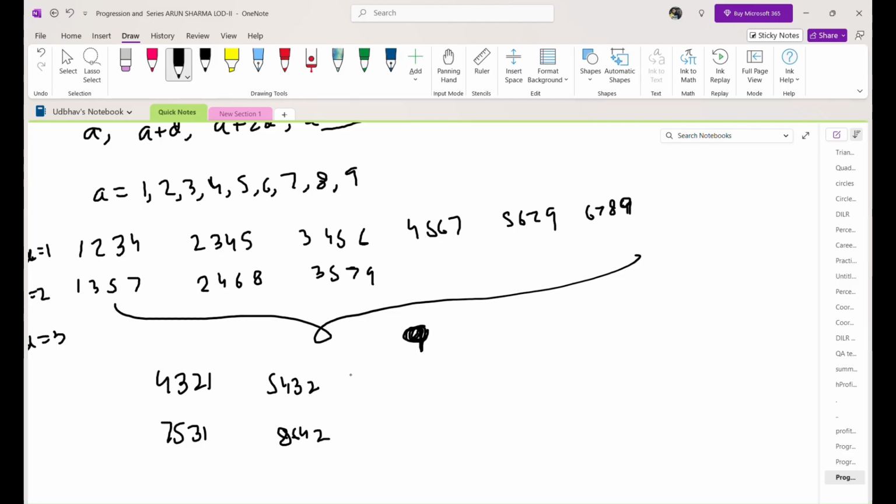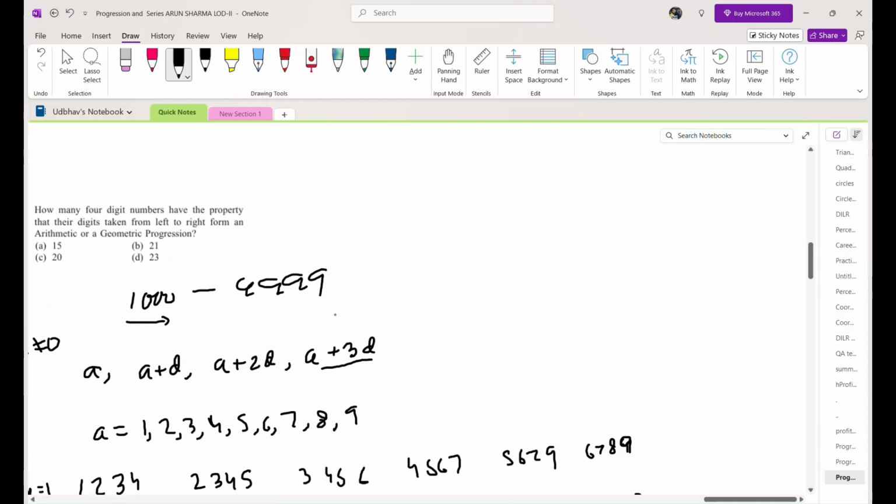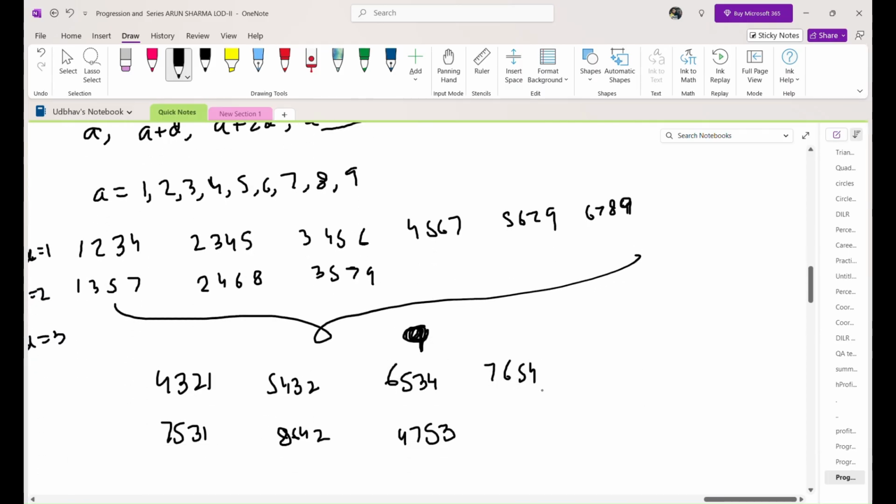3, 4, 5, 6 and 6, 5, 4, 3. 3, 5, 7, 9 and 9, 7, 5, 3. 4, 5, 6, 7 and 7, 6, 5, 4. 5, 6, 7, 8 and 8, 7, 6, 5. 6, 7, 8, 9 and 9, 8, 7, 6.